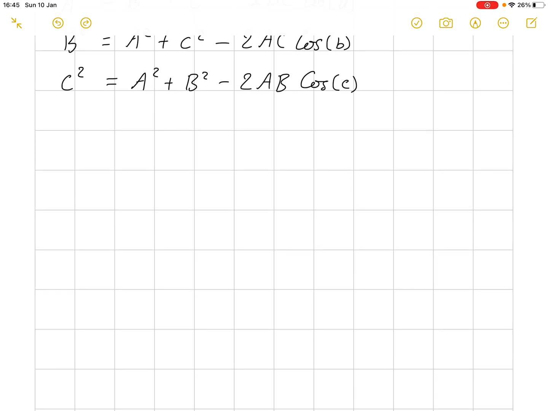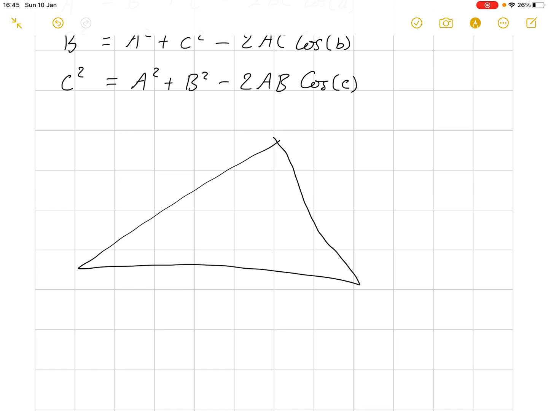Now, question 26 on the paper says this. It says that the area of this triangle is 25 root 3 centimeters squared. We are given an angle of 60 degrees.